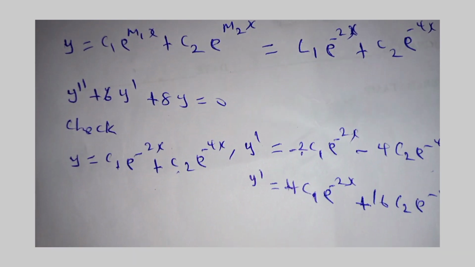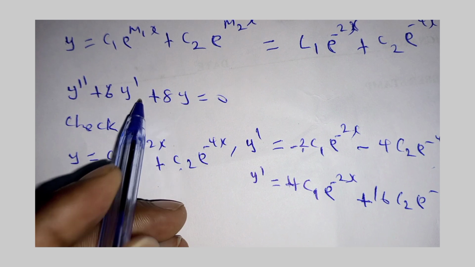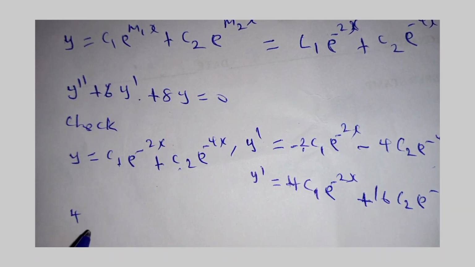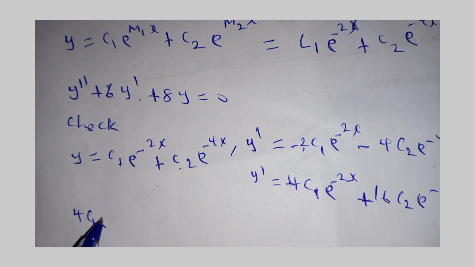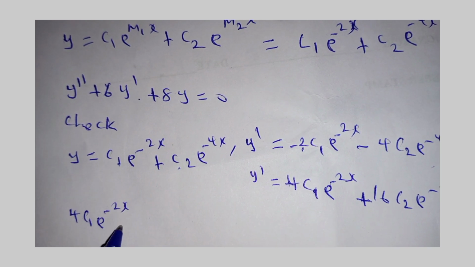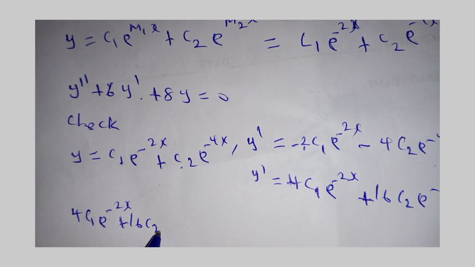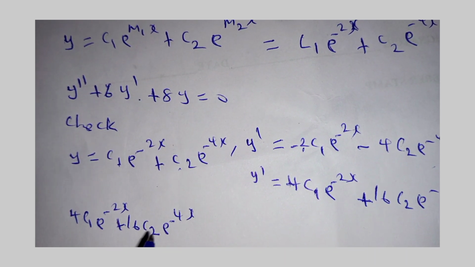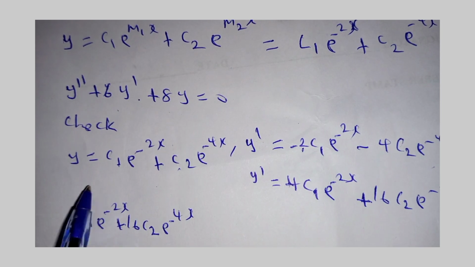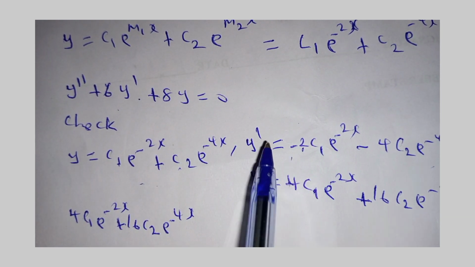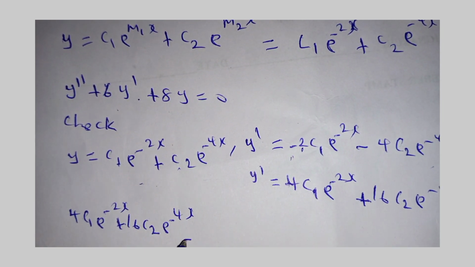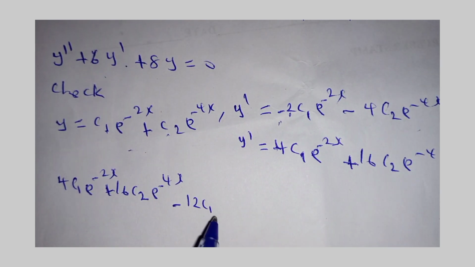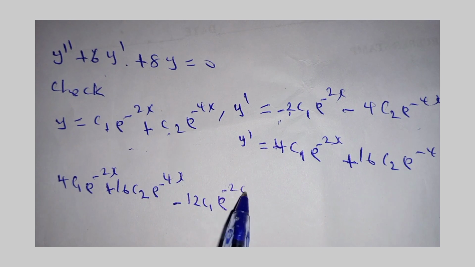From there, you substitute those two in this equation. So you will have 4c1 exponential negative 2x plus 16c2 exponential negative 4x. Then you come to 6 and you substitute the first derivative here. So you have 6 times negative 2c1, which will give you negative 12c1 exponential negative 2x.